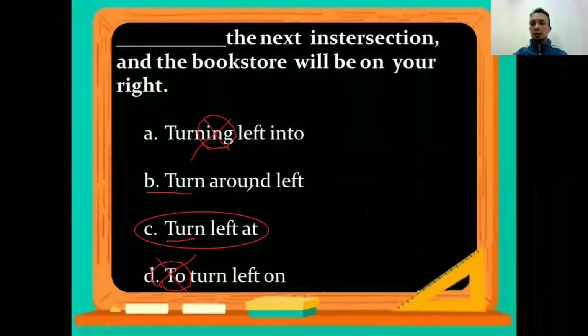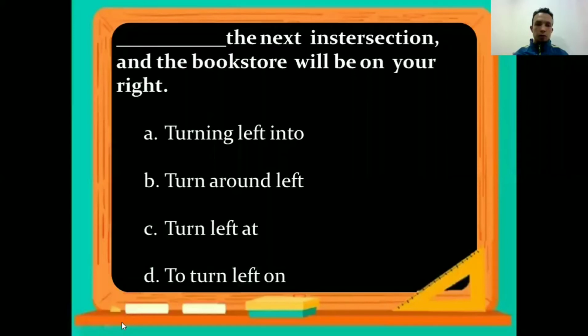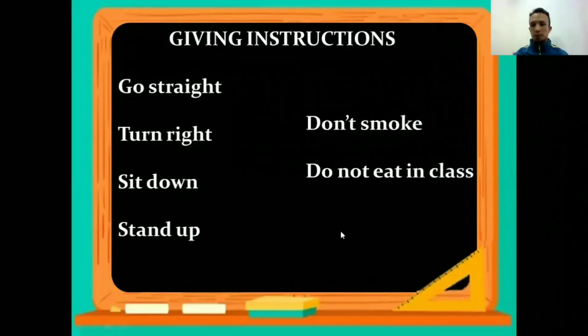Turn around, it means, or it's an expression in order not to continue doing an activity. It's not an instruction. For that reason is wrong. The only possibility that is an instruction is turn left. Turn left at the intersection, and the bookstore will be on your right. It's giving instructions on how to arrive at a place. Okay. So in this case, what I recommend you to study is giving instructions. How do you give instructions?